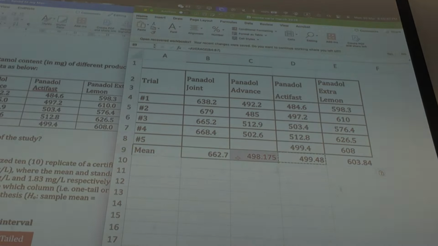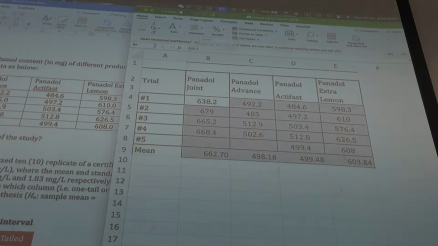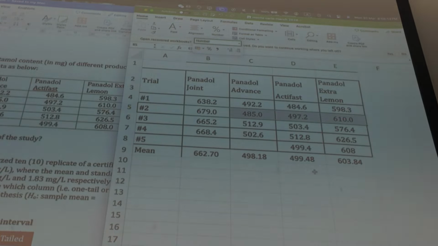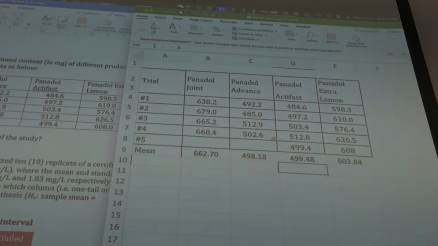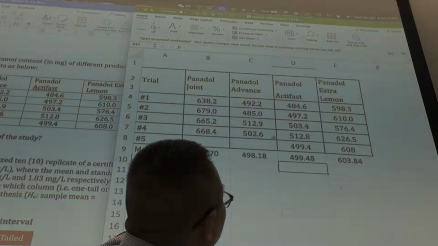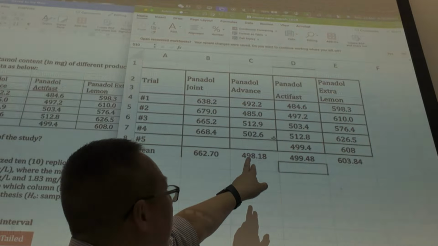Okay, so that is the mean. When you sum the 4 or 5 data together, it will change from values of hundreds to thousands.